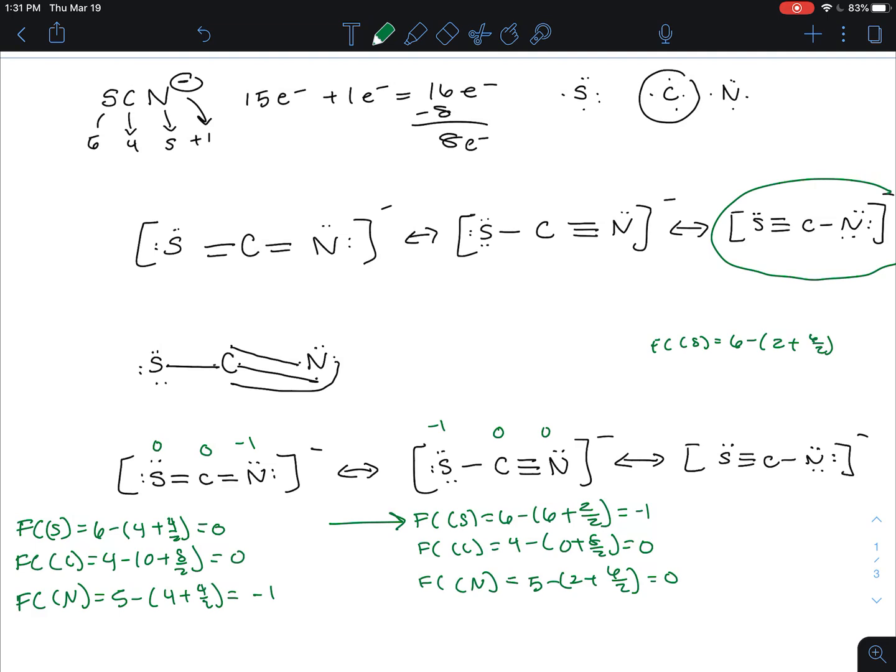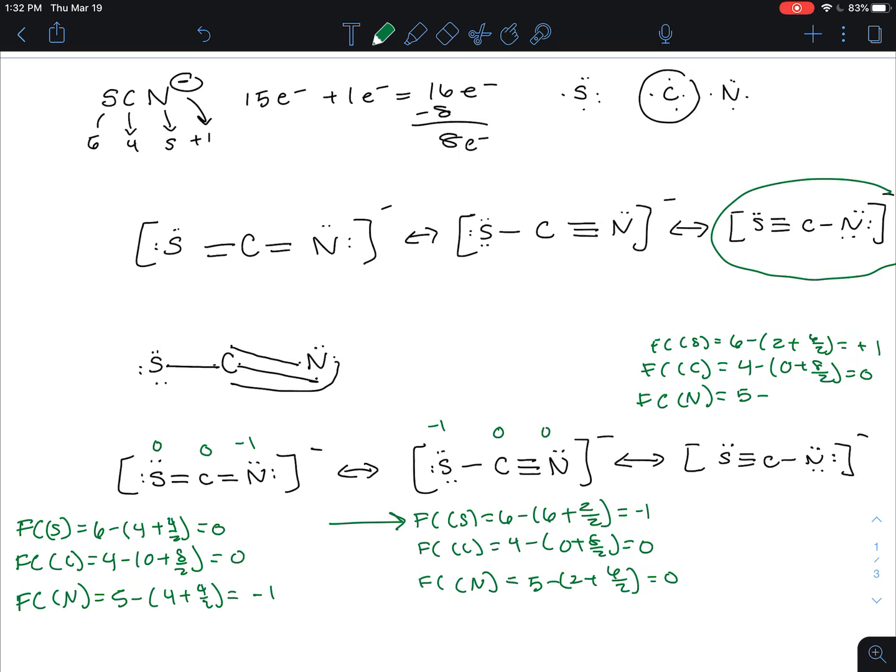Then we look up here. Formal charge of sulfur, 6 minus 2 non-bonding plus 6 over 2 for bonding. 6 divided by 2 is 3, plus 2 is 5, so positive 1. Formal charge for carbon, again, 4 valence electrons, 0 non-bonding, 8 electrons in the bonds, that's 0.